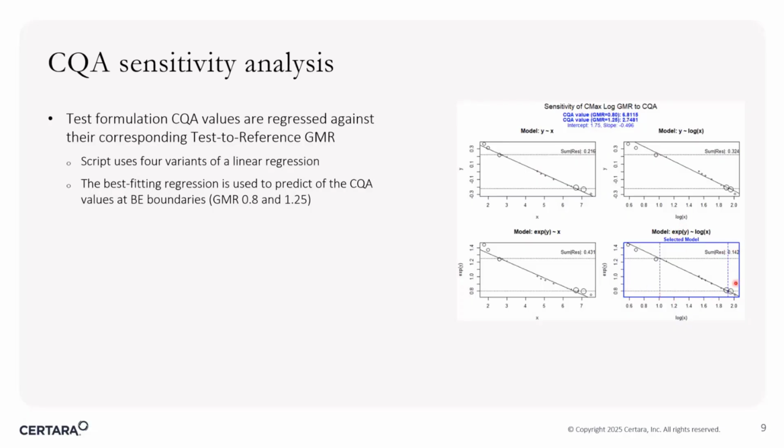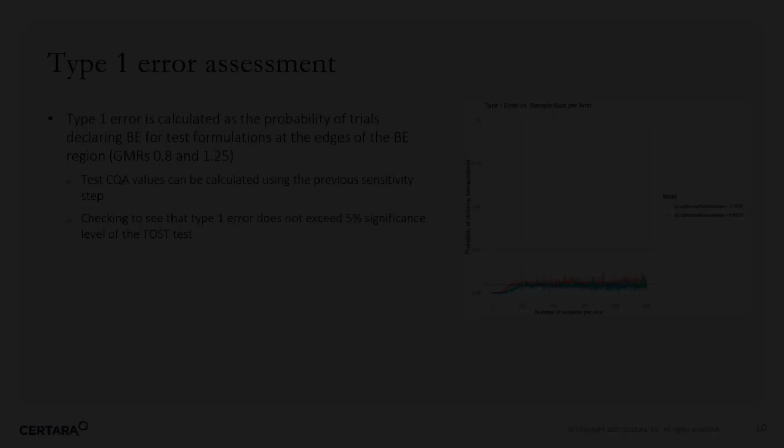The reason we do this is that once we've got a reasonably good fitting regression model, we can use that model to predict the CQA values where you would expect a GMR of 0.8 or 1.25. So you can predict the CQA values that would be on the very edges of your bioequivalence region. And that directly feeds into type 1 error calculation.